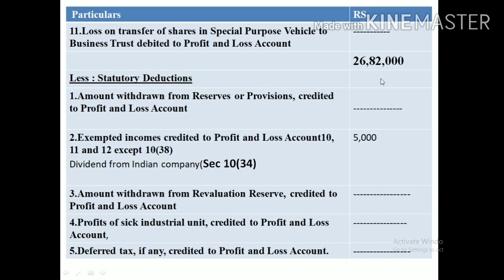Okay. The next one, less statutory deduction. The first one is amount withdrawn from the reserves or provision credited to the profit and loss account. There is no such information in the profit and loss account related to amount withdrawn from the reserve, so it shows nil. Then exempted income credited to the profit and loss account under section 10, 11, 12, except what?